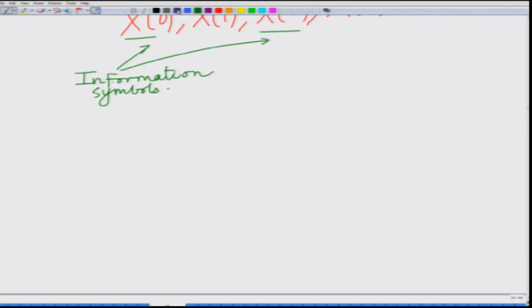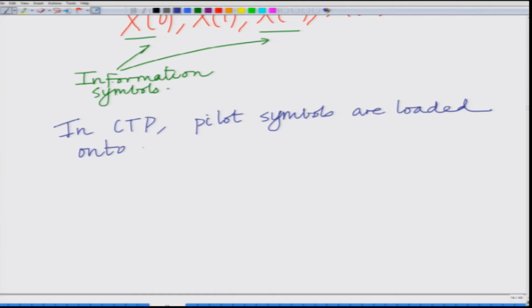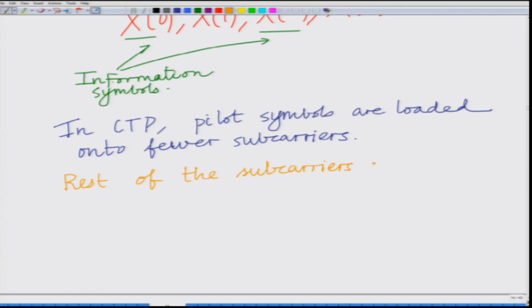So since the pilots are loaded on fewer subcarriers in the comb type pilot transmission, pilot symbols are loaded onto fewer subcarriers, and the rest of the subcarriers are loaded with information symbols.